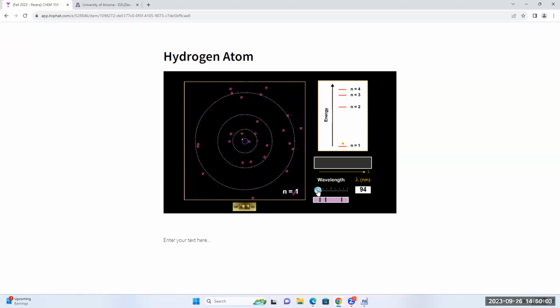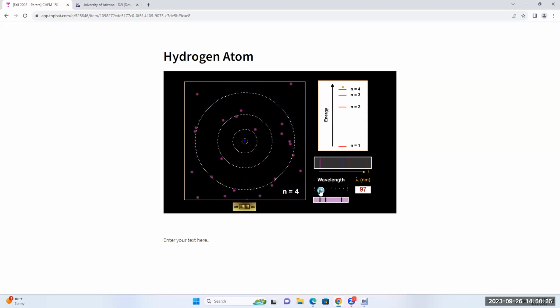I decrease the energy now. Still nothing is happening. Let me increase it to 97. Oh, something happened. Nothing happened at 90. Nothing happened at 94 or 96. But at 97 nanometers, what happened?